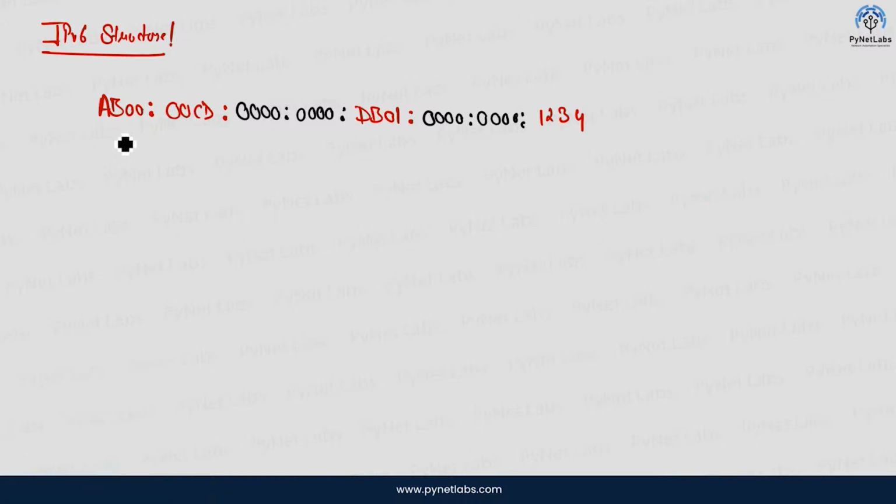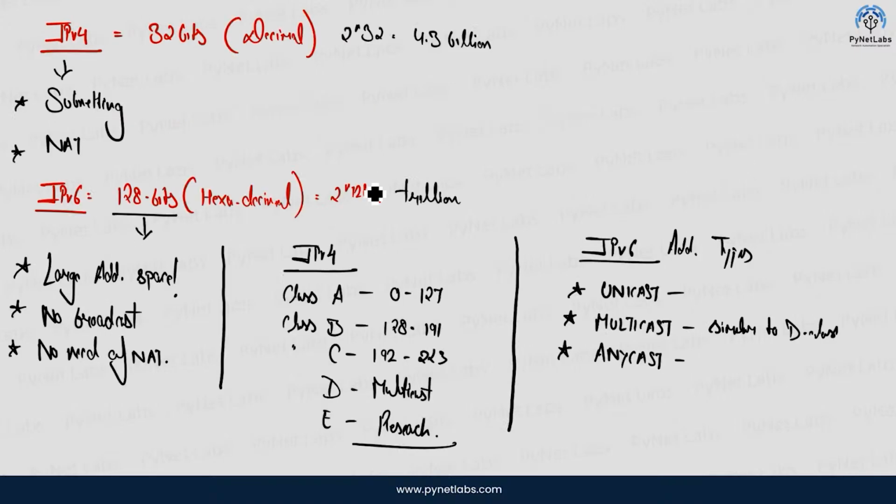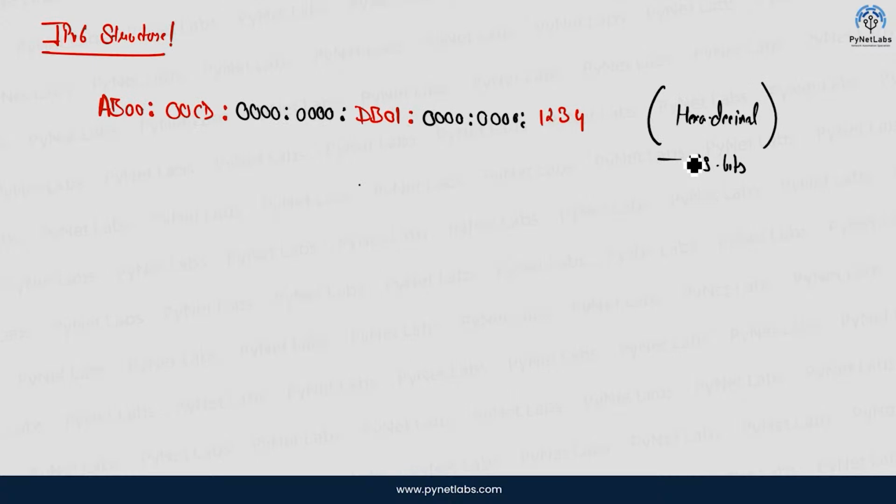Now, in this IPv6 structure, we know that it's written in hexadecimal. Apart from that, this is in total 128 bits, which I have already mentioned on the previous slide, that an IPv6 address is of 128 bits, and that's how it's going to provide us addresses in trillions. And how is it going to add up to those 128 bits?